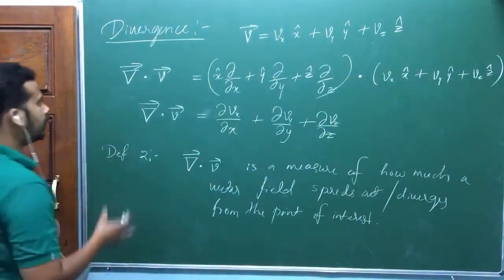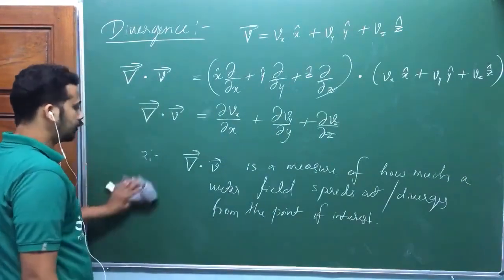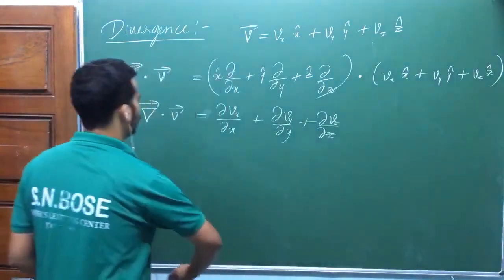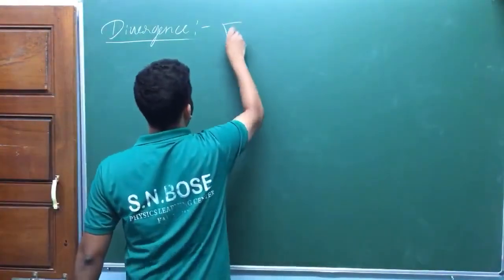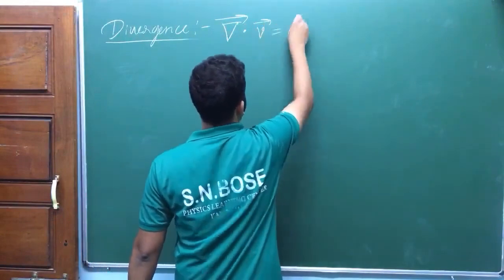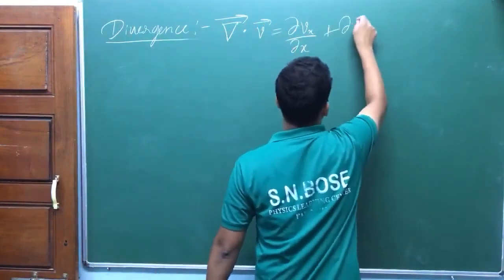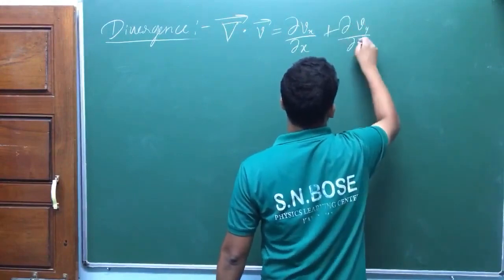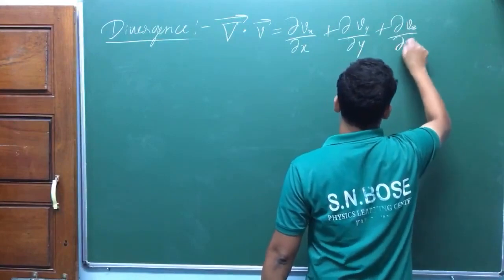Now, to get a feel of this divergence, we have to take some example. We have to work out something. So shall I write it here? Del dot v is equal to dou vx by dou x plus dou vy by dou y plus dou vz by dou z.